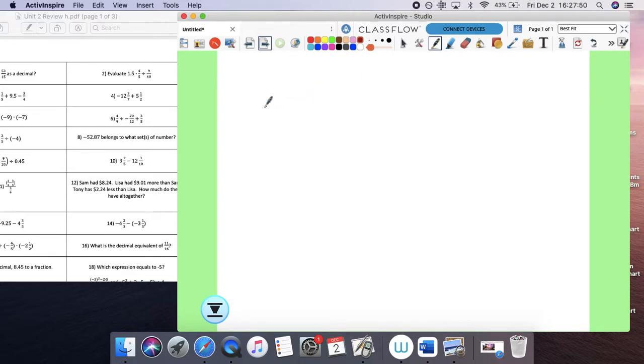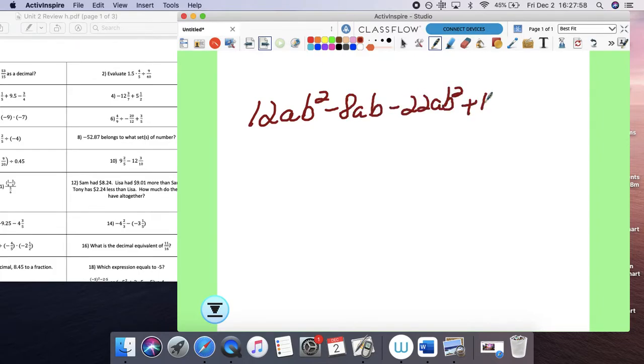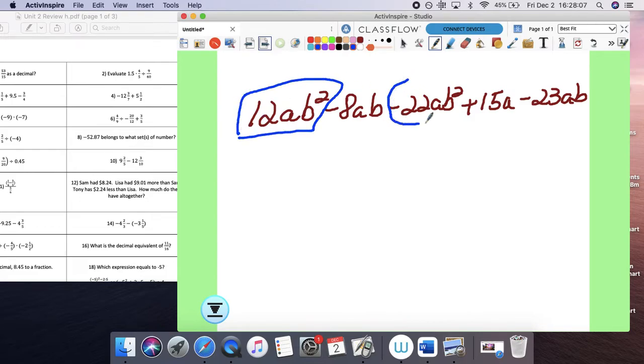Combine like terms. 12ab squared minus 8ab minus 22ab squared plus 15 minus 23ab. Like terms. Is there anything that looks like this? Yes, there is right here.